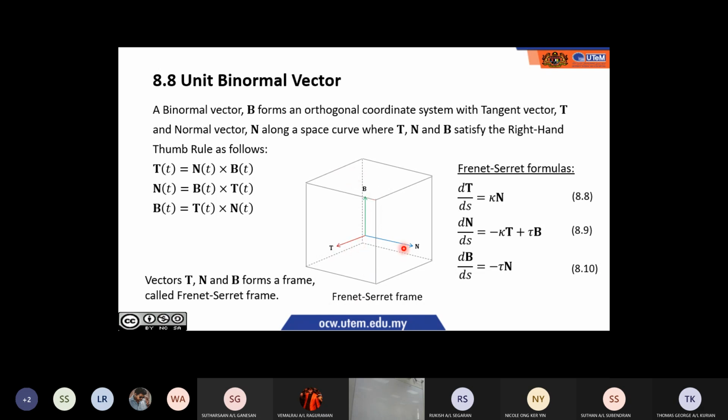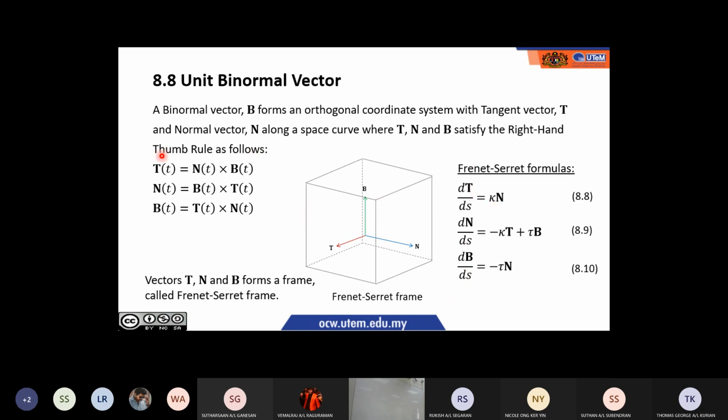From T, N, and also B, this forms a frame called the Frenet-Serret frame. This frame has sets of formulas. But we are not paying much attention to these formulas.